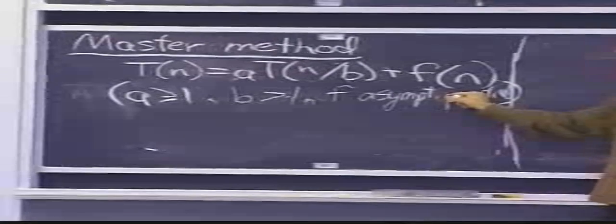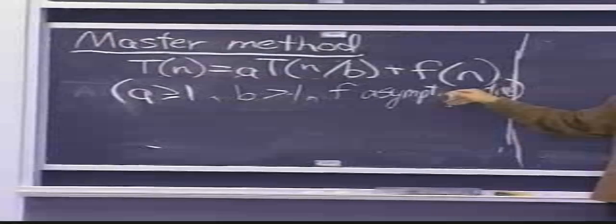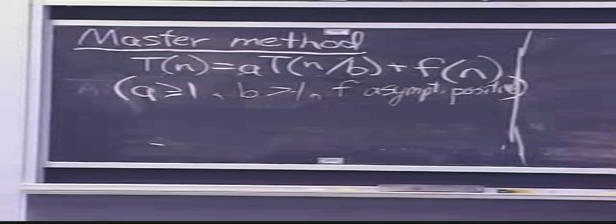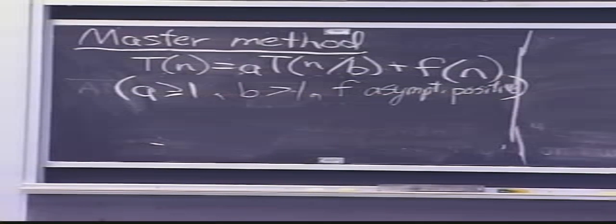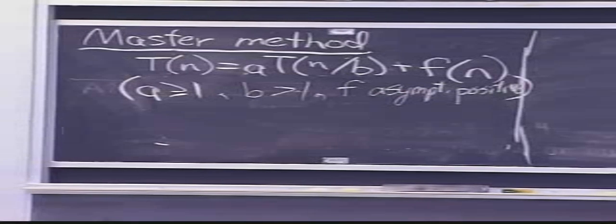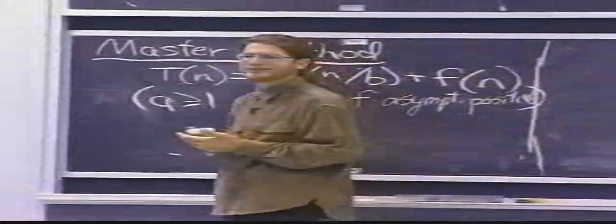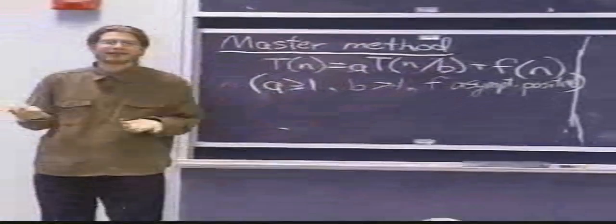What does asymptotically positive mean? Never heard it before. Who's been reading the textbook? One person? More than one person? What should it mean? Forget whether you've read the textbook. That's cheating. Asymptotically positive? I don't know. Asymptotically n squared, we know what that means. Asymptotically positive?